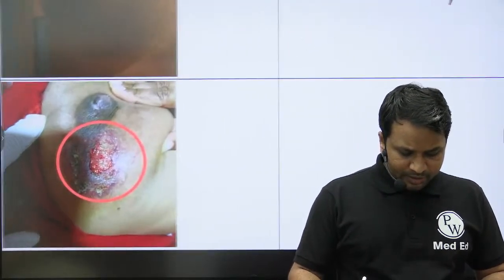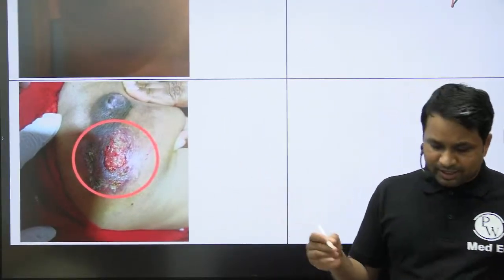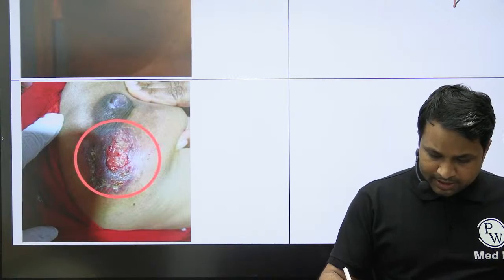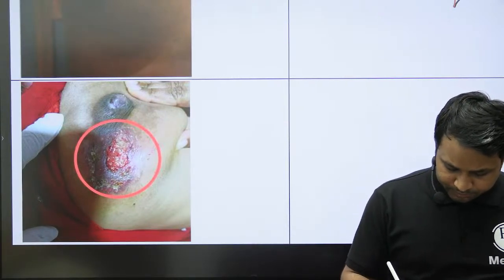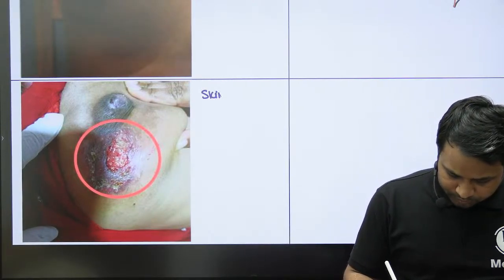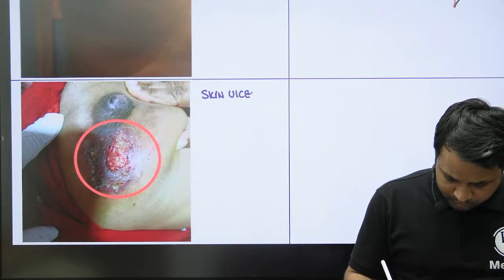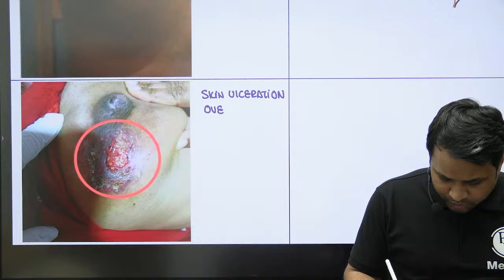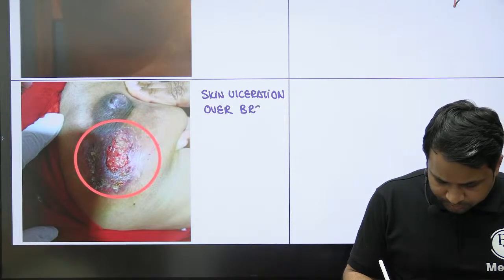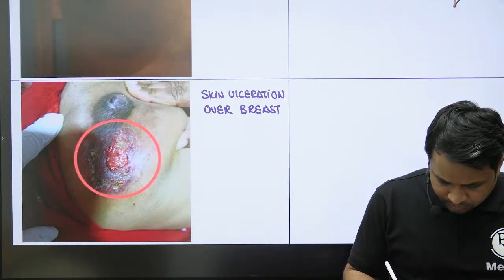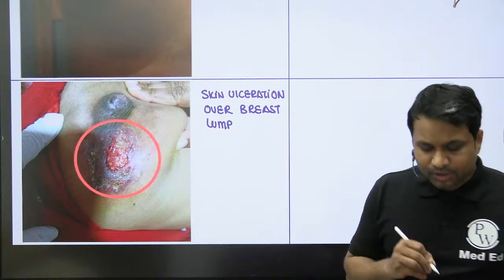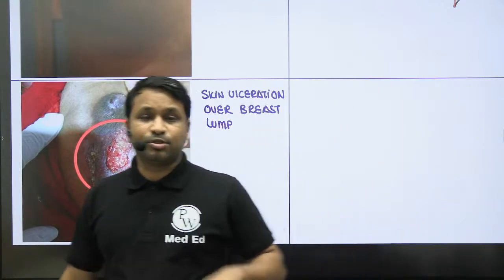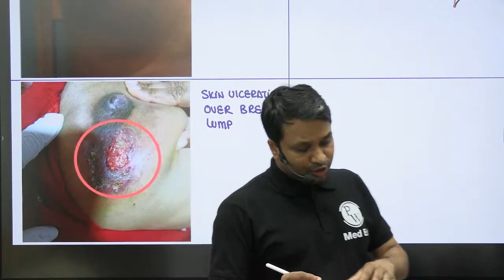Another finding that you can see, which is quite evident in front of us, is what we call skin ulceration. This is skin ulceration over a breast lump. So what are the reasons for ulceration of the skin?